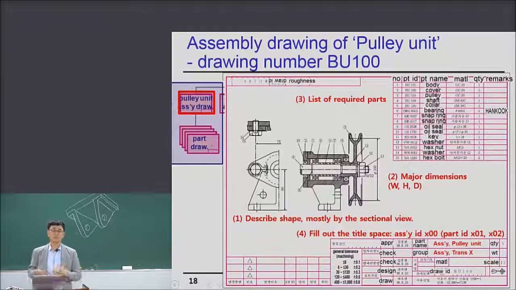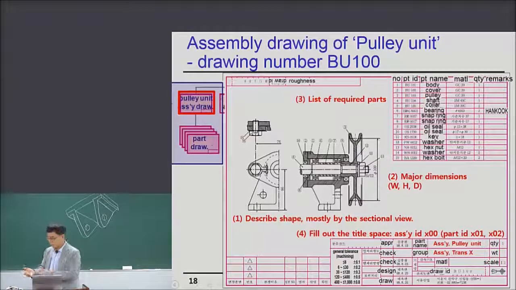Okay. If the assembly drawing ID is BU 200, then those parts which belong to the 200 assembly drawing are given part IDs 201, 202, 203. This is the technique, the way of giving part ID in industry.